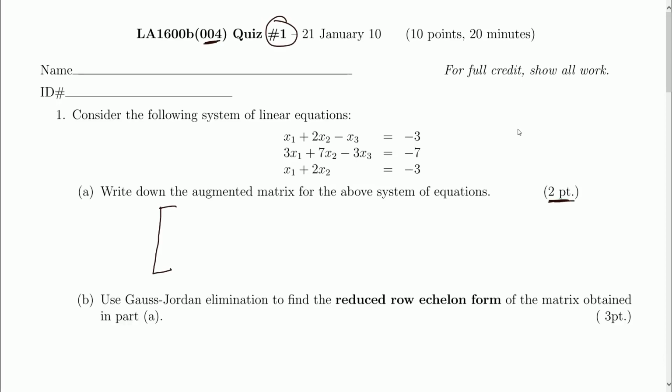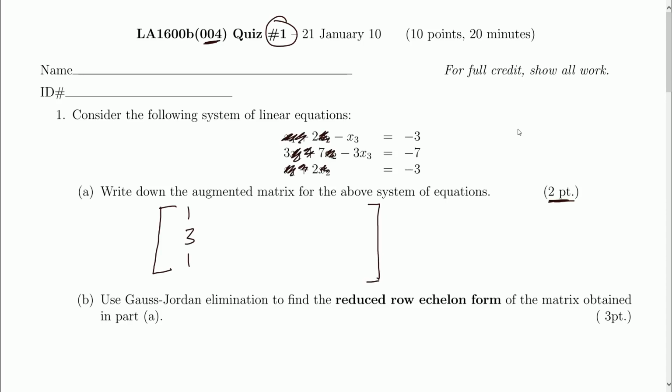So basically, why do we bother with augmented matrices? Because when we're solving a system, as long as we agree to keep everything in the same order, we don't really need all the x1s. You can just write 1, 3, and 1. We don't really need the x2s, we don't need the pluses, all that stuff is irrelevant.